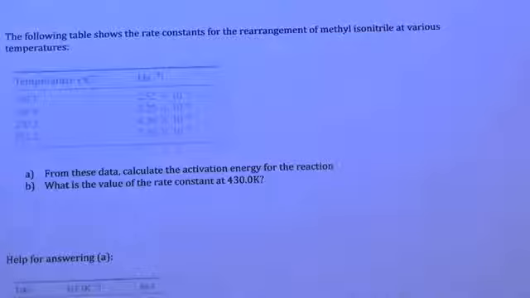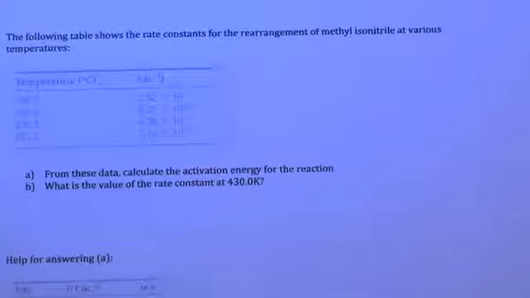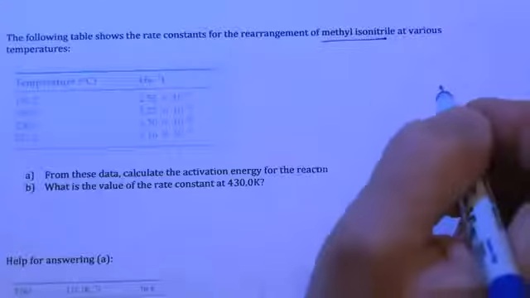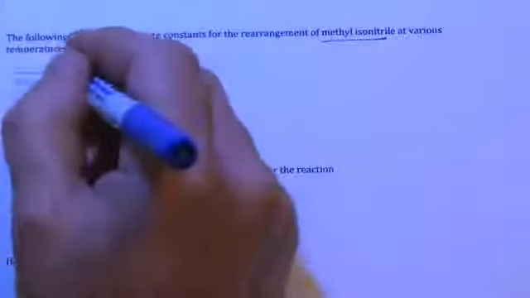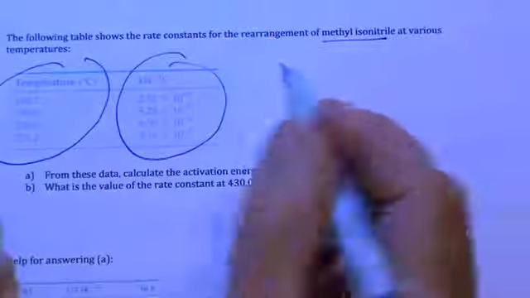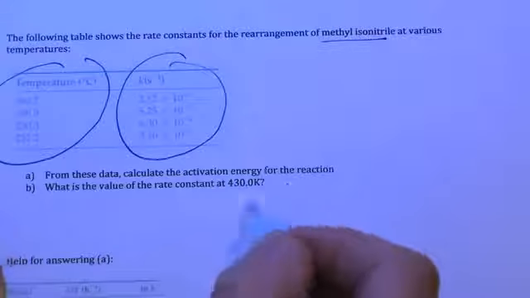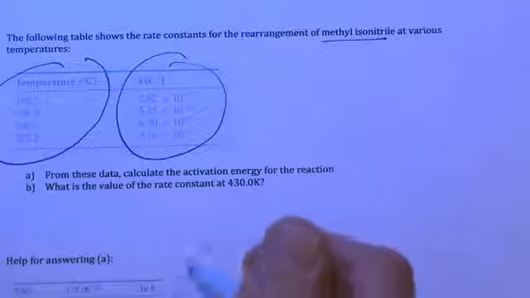And lo and behold, we've got a sample problem like that. The following table shows rate constants for the rearrangement of a chemical called methyl isonitrile at various temperatures. So we have temperature and rate constant data. From these data, calculate the activation energy for the reaction.